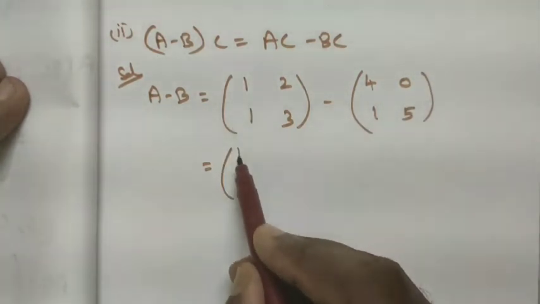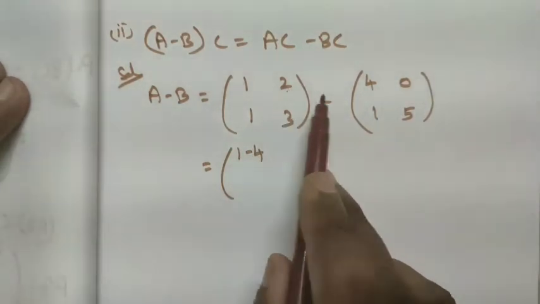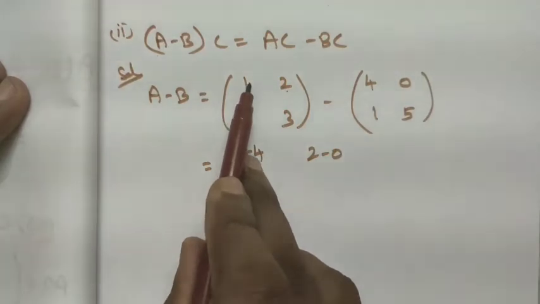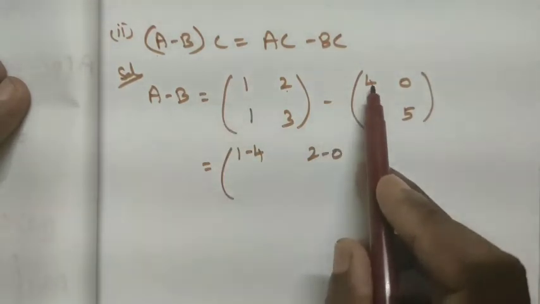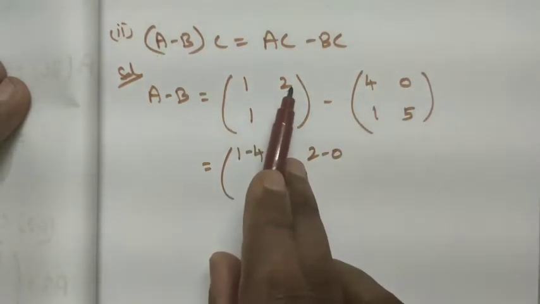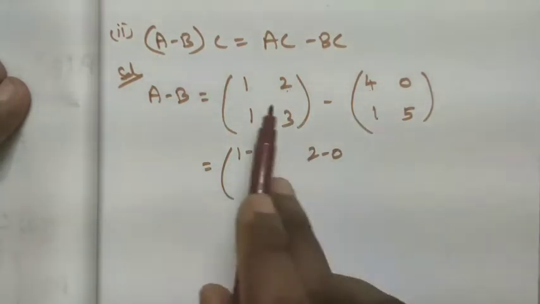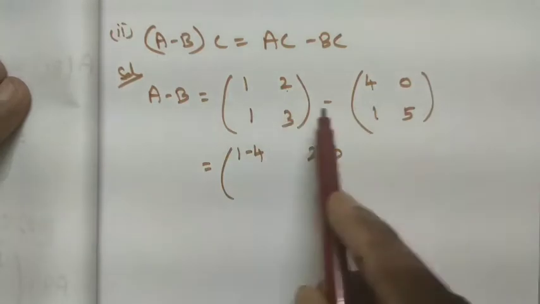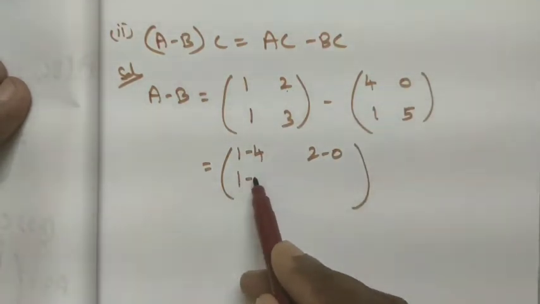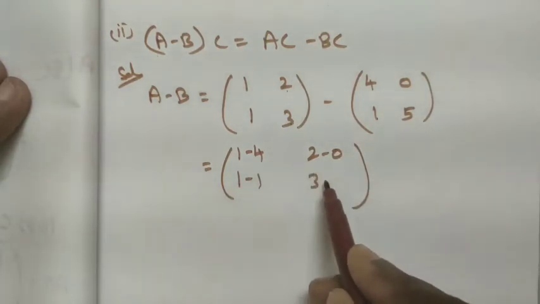When we subtract, the first row, first column element should be subtracted with the first row, first column element, right? And then first row, second column elements you have to subtract. So 1 minus 1, 3 minus 5.